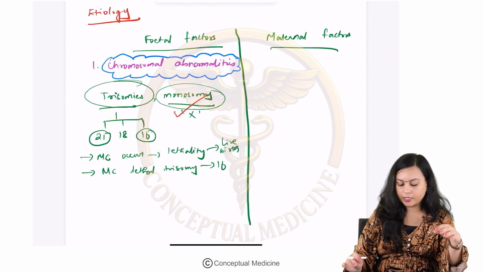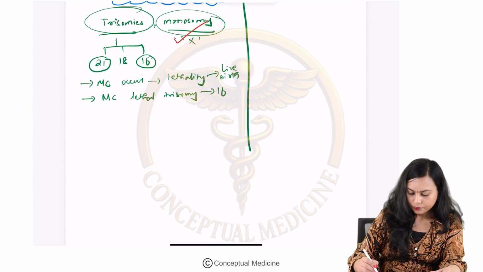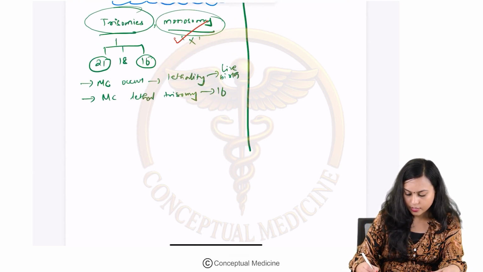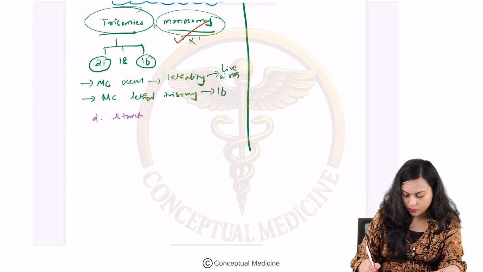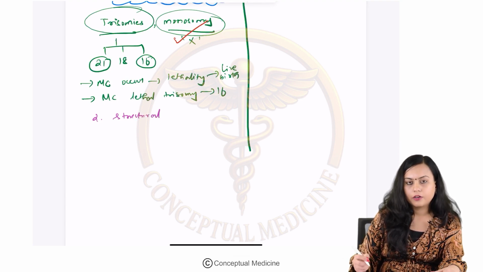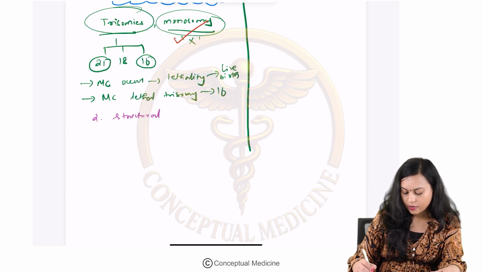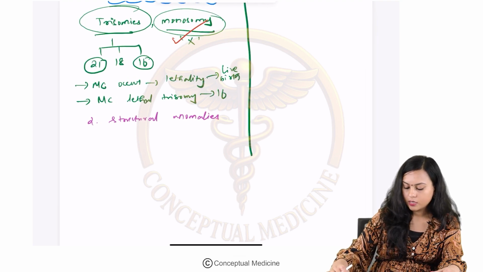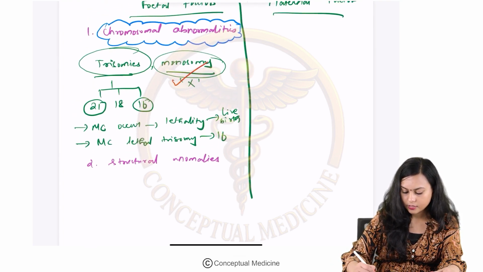I hope I made these points clear. Now, we'll go to the structural anomalies. The second most common cause that can lead to fetal miscarriage from the fetal factors is structural anomalies. Clear?